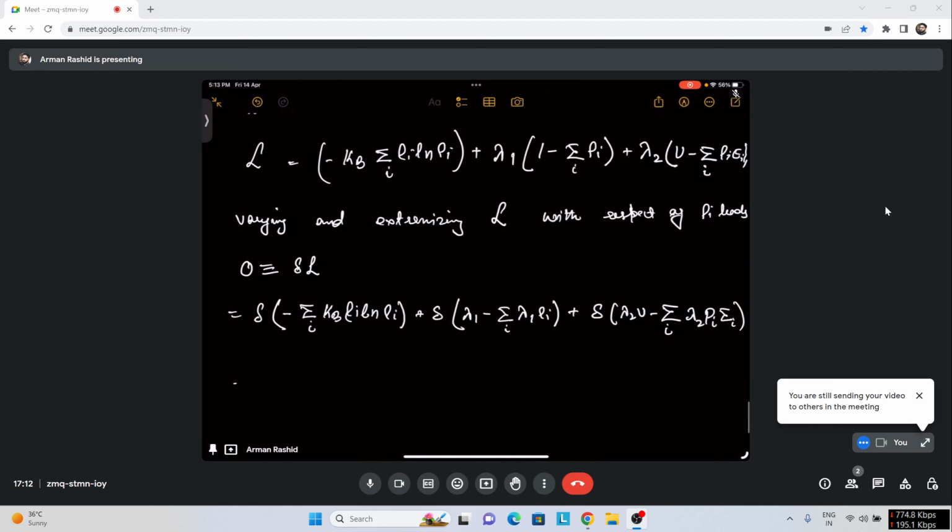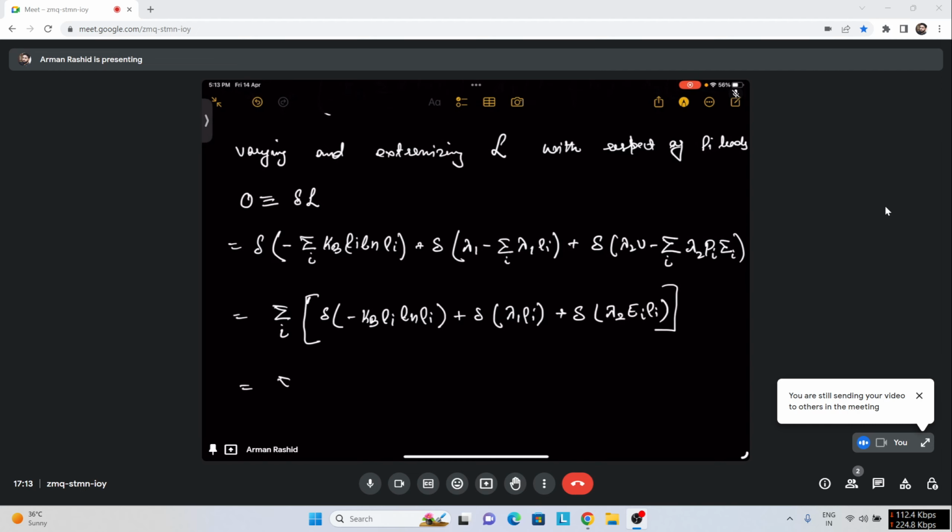Taking the summation out, we are left with delta of kB rho i ln of rho i, plus delta of lambda 1 rho i, plus delta of lambda 2 rho i.